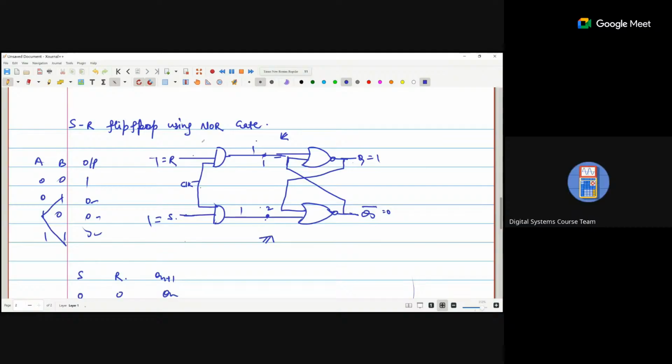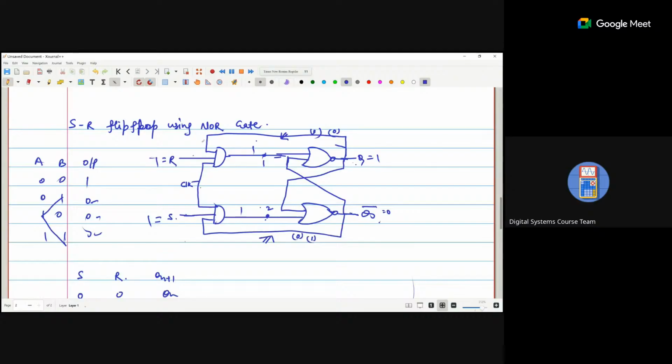Okay, sir. So we connect Q to this particular point and Q bar to this point. Now, what is the benefit of these connections? If Q is 1, Q bar is 0. So when this is 1, this becomes 0, and when this is 0, this becomes 1.